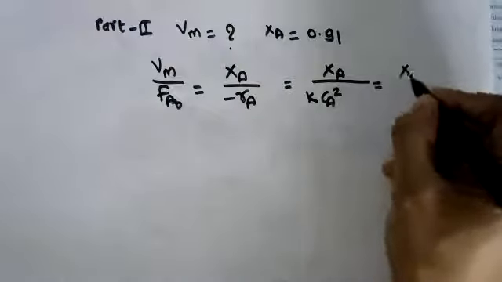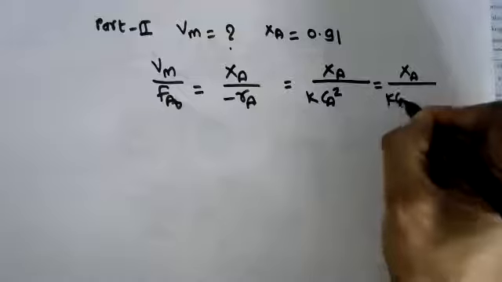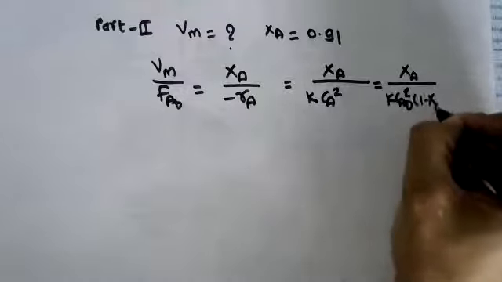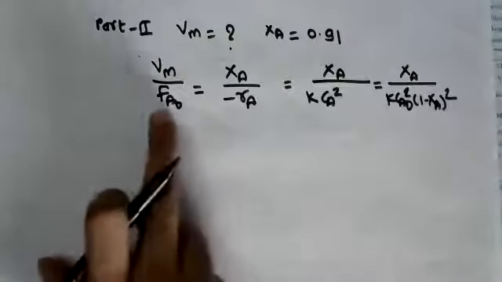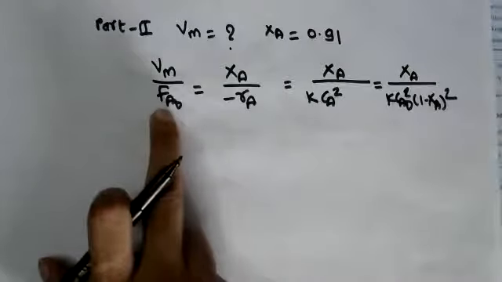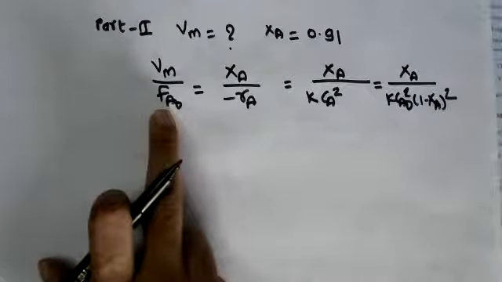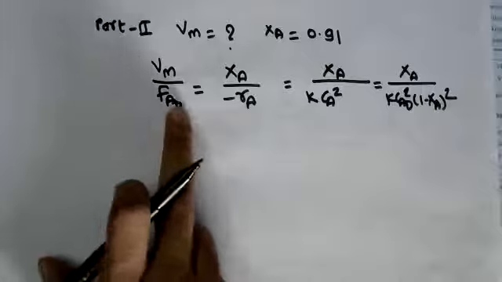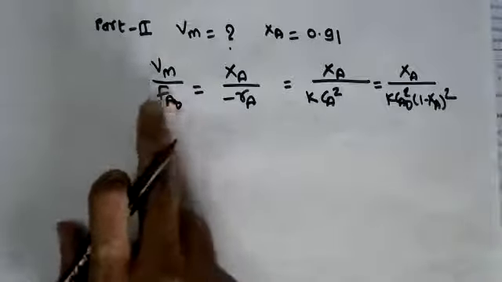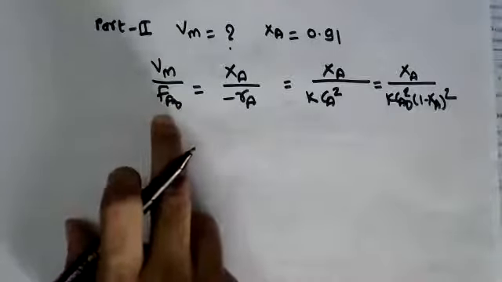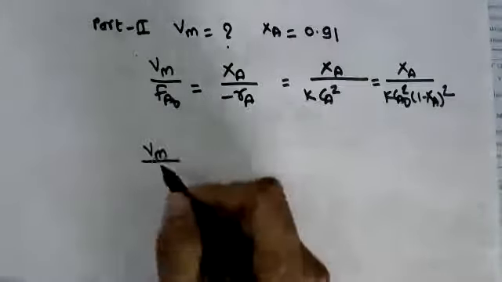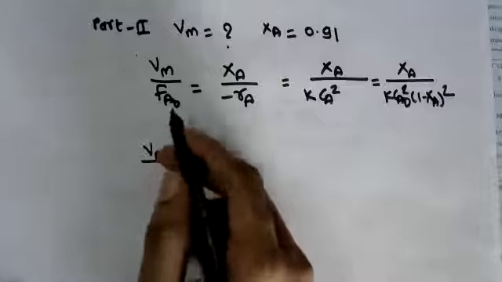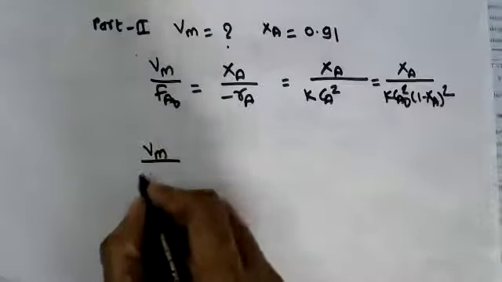This can be further simplified as k CA0 squared into (1 minus XA) bracket square. Now this is the molar feed rate. How do we calculate the molar feed rate? Instead of calculating it, we will substitute the known variables in terms of molar feed rate, which we can easily derive from the units.